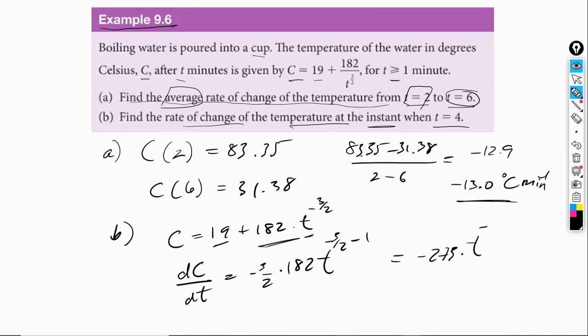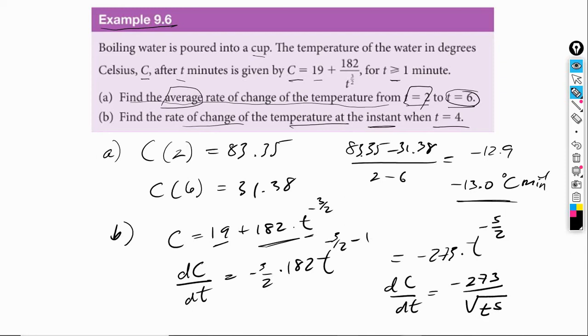Because negative 3/2 minus 1 is negative 5/2. Okay, and this we can rewrite as the rate of change of the temperature being equal to negative 273 divided by the square root of t to the 5.